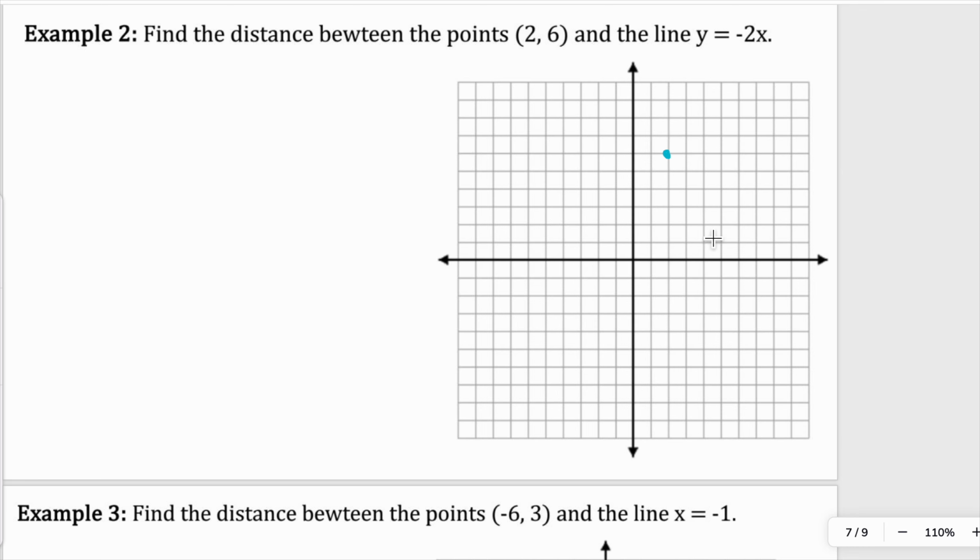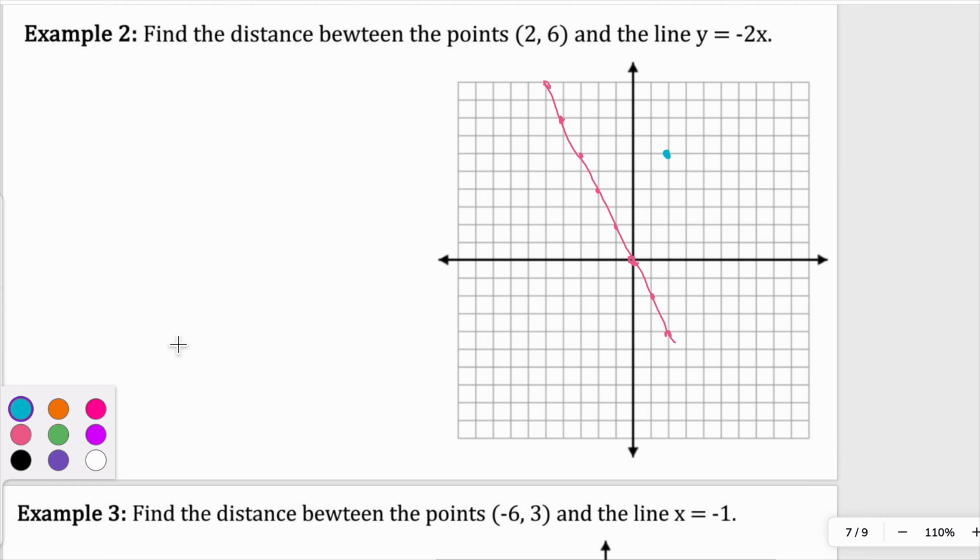So negative 2x just means I'm going to start here at 0 as my y-intercept, and my slope is down 2 over 1, down 2 over 1, up 2, left 1, to create this line. Okay, pink line is going to look like this.